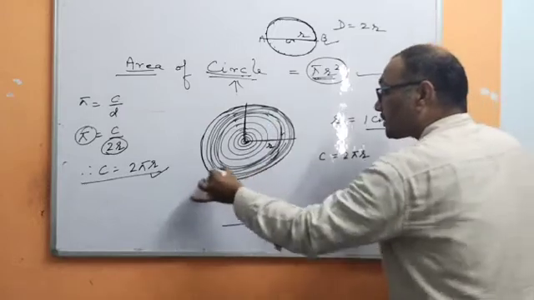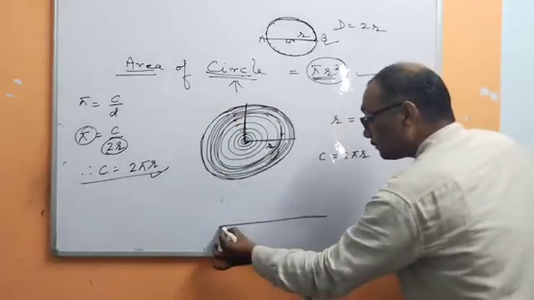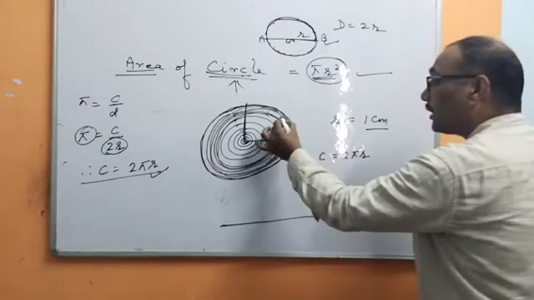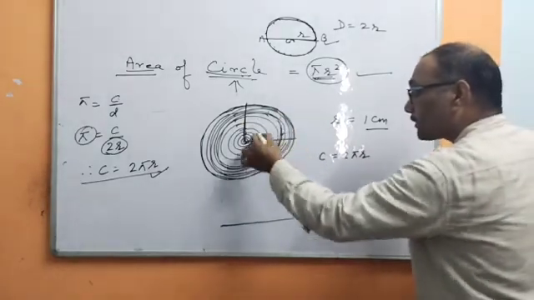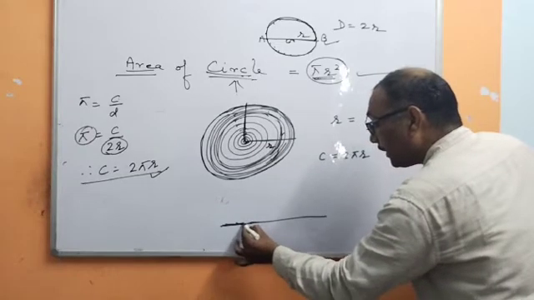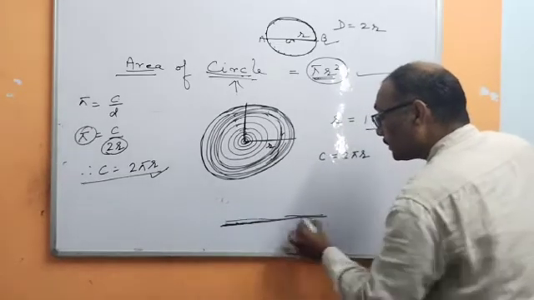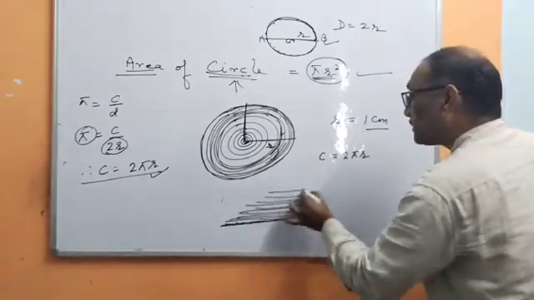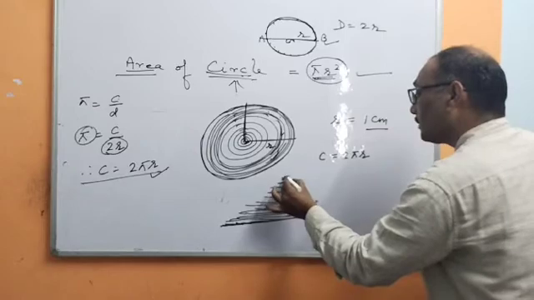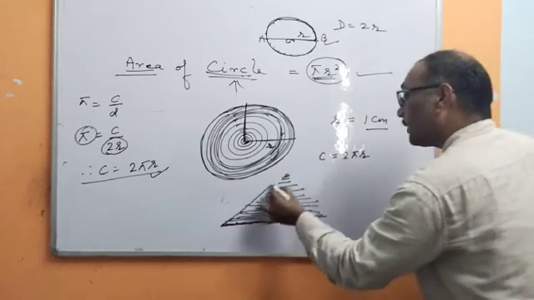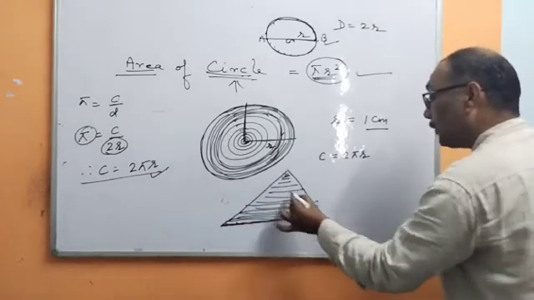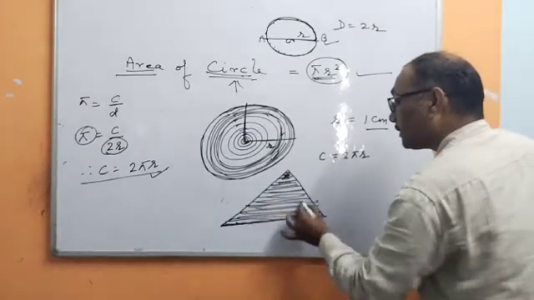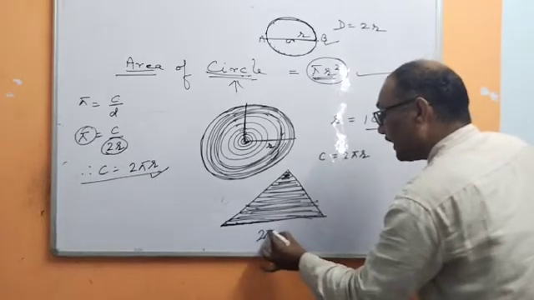The greatest circle will be the base with greater length, and all the circumferences of the smaller circles will be settled on this line like this, and this will be a new figure, that is a triangle, where the circumference is the base.